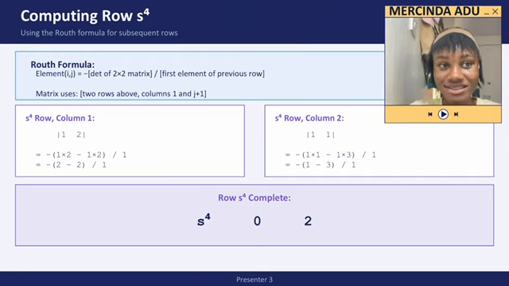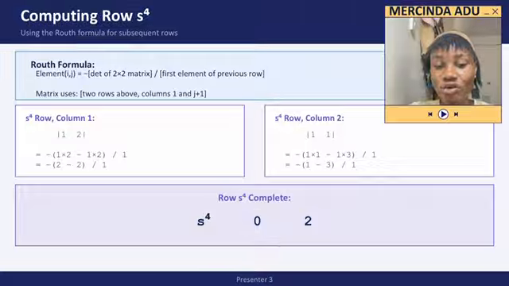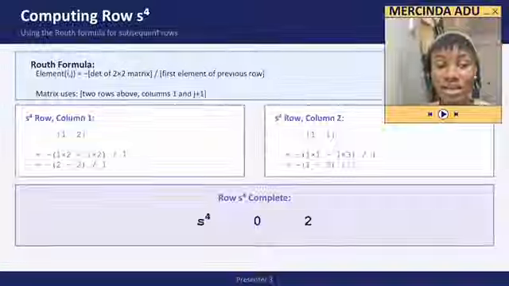Let me demonstrate this with the first element of the s to the fourth row. In the first calculation box, we use rows s to the sixth and s to the fifth. We need column 1, so we form this matrix: the top row 1 and 2 from s to the sixth, columns 1 and 2, and the bottom row 1 and 2 from s to the fifth, columns 1 and 2.